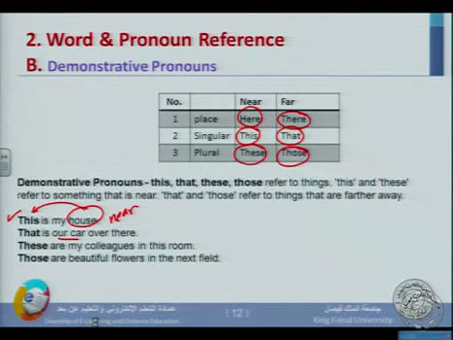The car is over there بعيدة. These are my colleagues in this room. Colleagues جمع بتاخذ these وthese هي للجمع القريب. Those are beautiful flowers in the next field. Beautiful flowers نستخدم معها those أيضا. Those are used with the plural nouns which are farther away, which are far بعيدين.